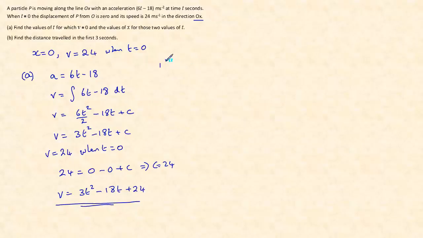So if v is equal to 0, that means that 3t squared minus 18t plus 24 is equal to 0. Divide through by 3. t squared minus 6t plus 8 equals 0.